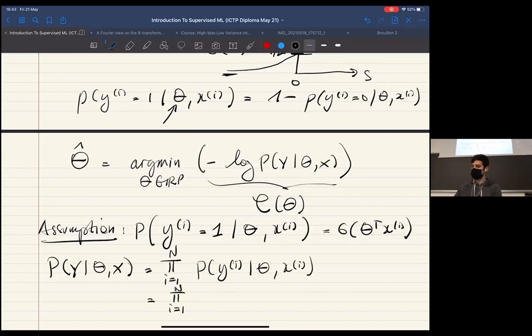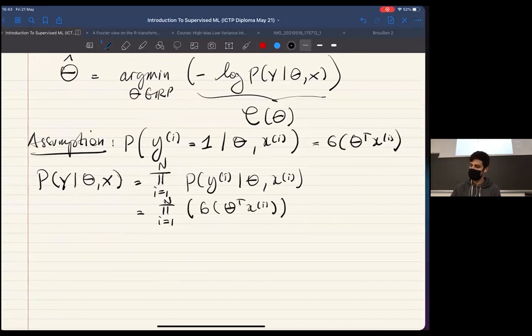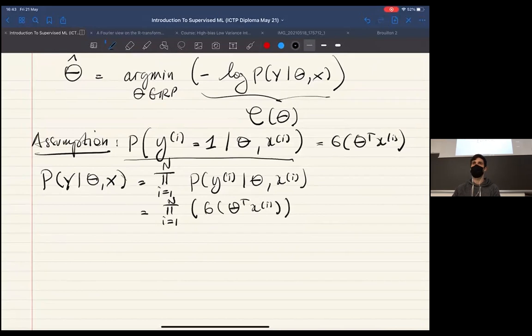We understood that a compact way to write this is sigma, so if yi is equal to 1, then we should count the probability like this. So we have a yi here. If instead yi is equal to 0, we should have 1 minus this probability, so it should be the probability of being a 0.